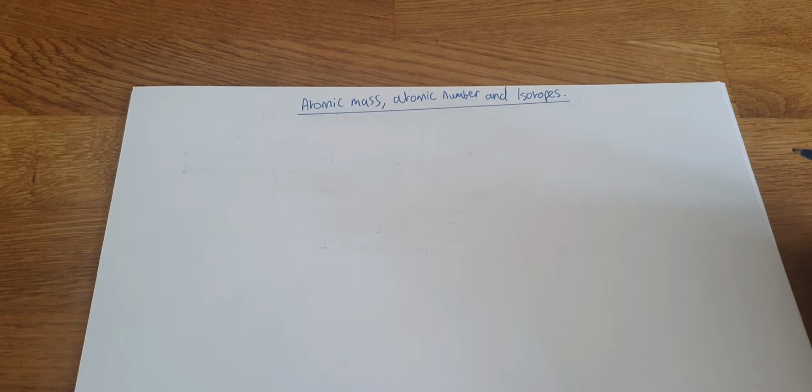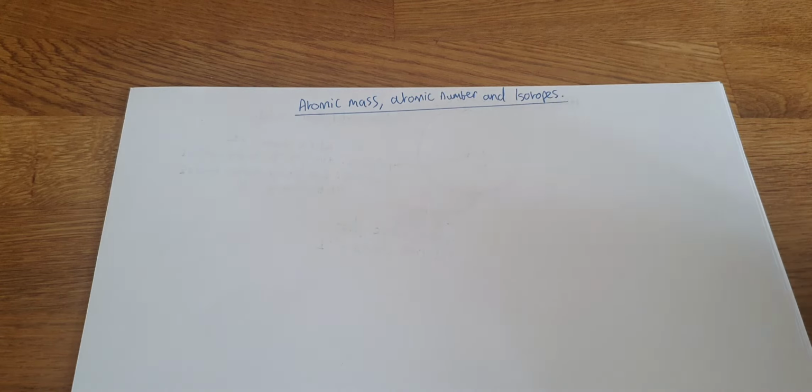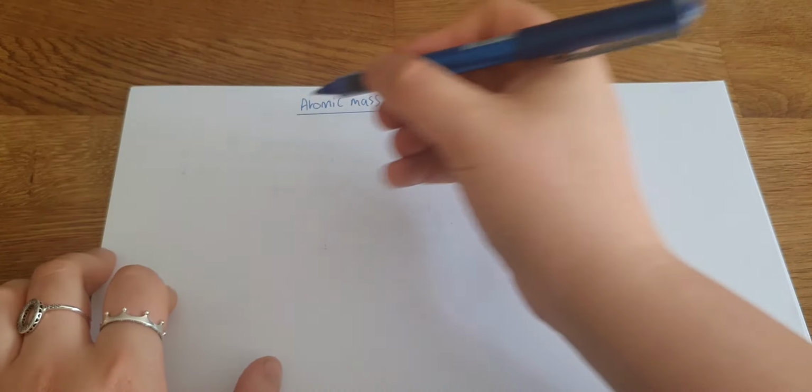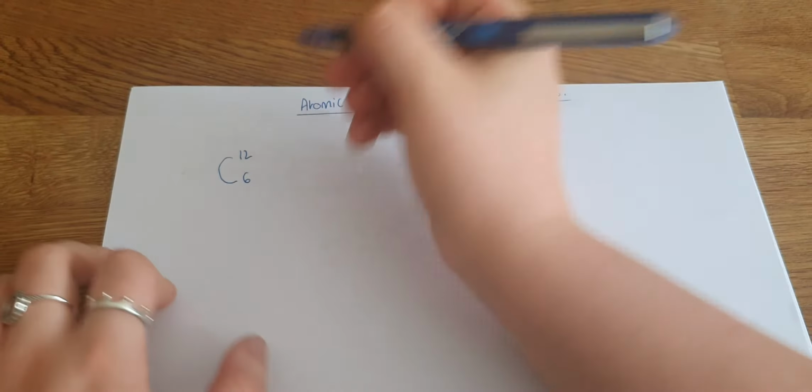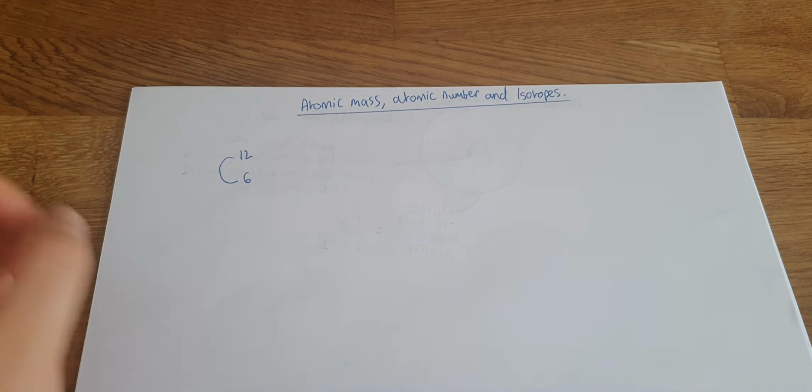Now, I'm going to use the example of carbon, just as I did in our meeting, purely because I can remember the numbers by heart. That and lithium. So if I'm talking about carbon, you'll see it written in the periodic table like so.